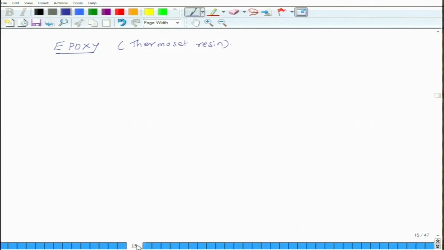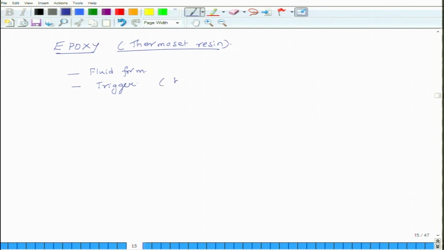Similarly, if you go to the market, you will get it in two parts. Either you may get a single part fluid, or a two-part epoxy. You get it in fluid form, and then you again have a trigger.